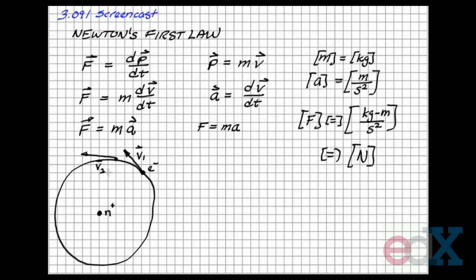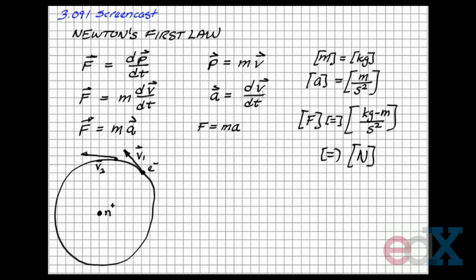Now, the magnitude, if it's in a stable orbit, of course, doesn't change. The velocity is staying constant as far as its magnitude goes. But it has to, obviously, change direction. Now, remember, in the vector sense, the force and acceleration are both vector quantities.